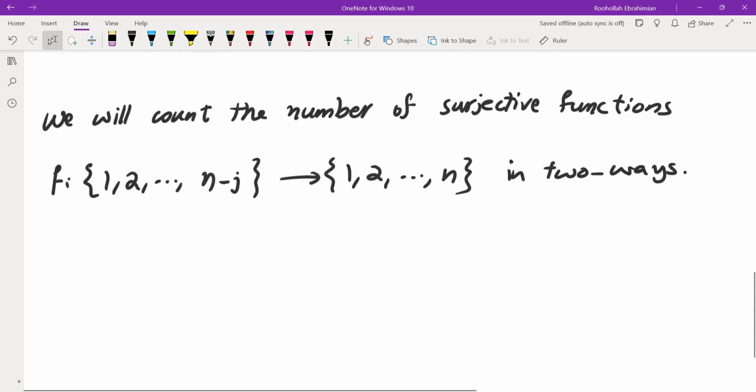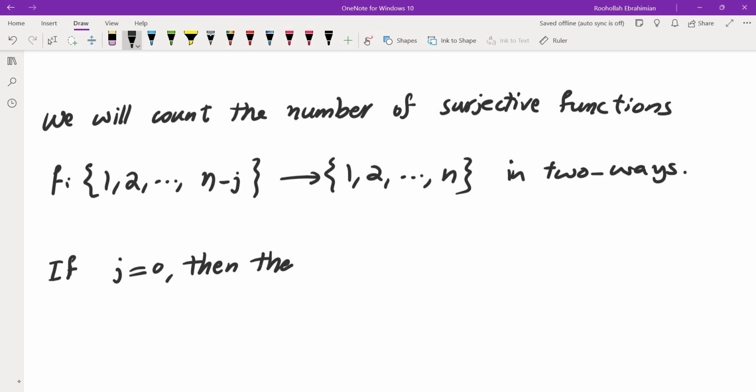One way would be this. If j equals 0, then you have functions from 1 through n to 1 through n, and that would be n factorial surjective functions, because it's from a set of n elements to another set of the same number of elements. So the number of surjective functions, or onto functions, would be n factorial. Then there are n factorial such functions.